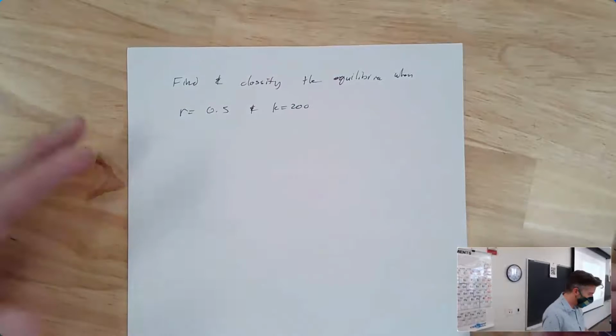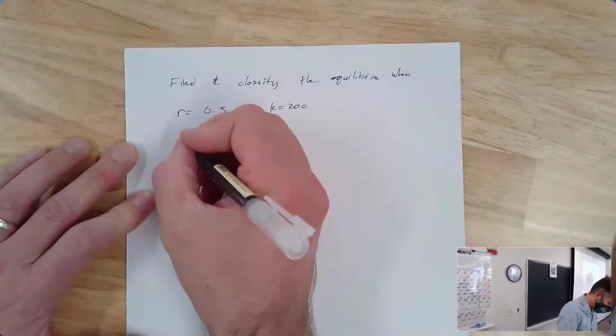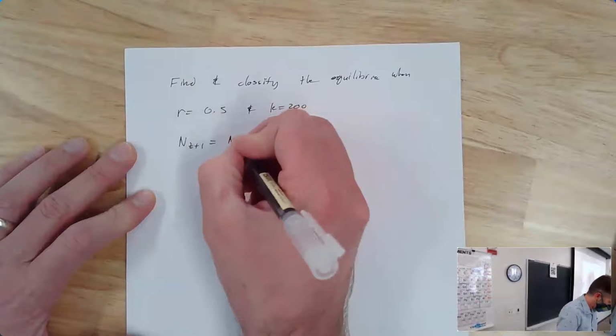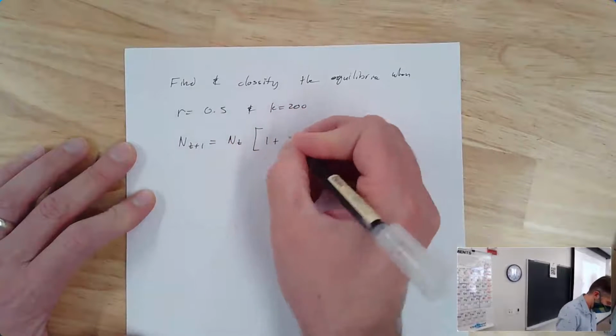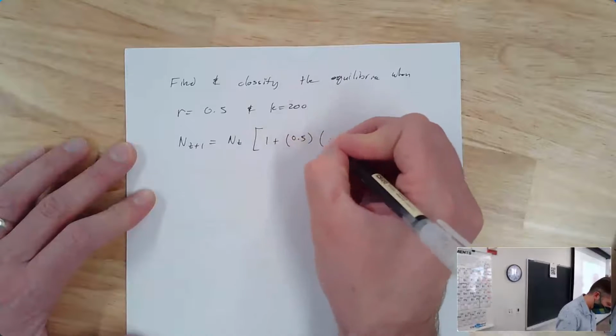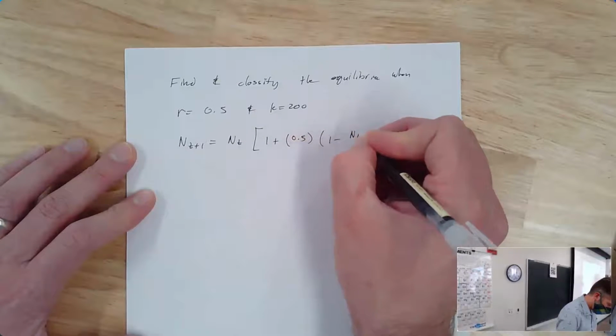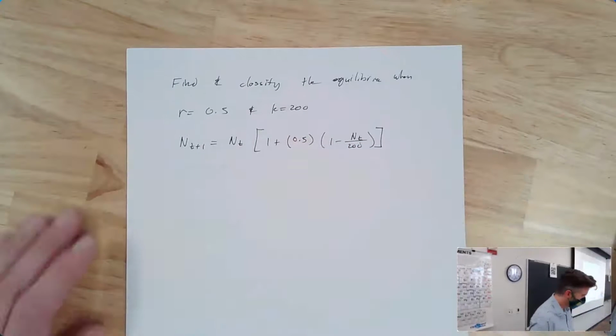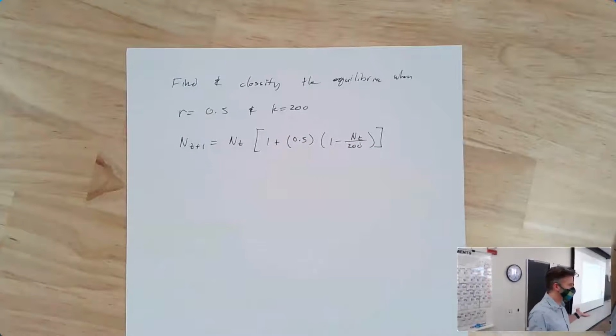So we could write out the formula. Not a bad idea. n sub t plus 1 equals n sub t times 1 plus r is 0.5, and then we have 1 minus n sub t over 200. We already know what the equilibria are, though, based on what we just did.